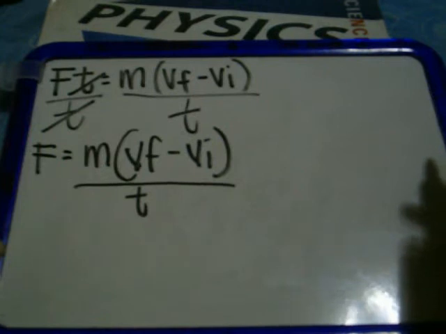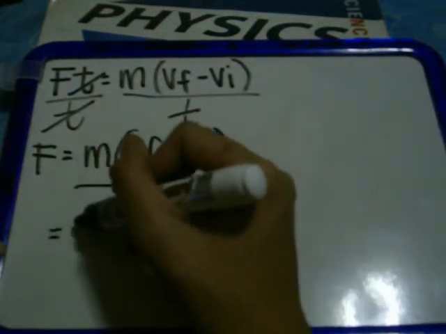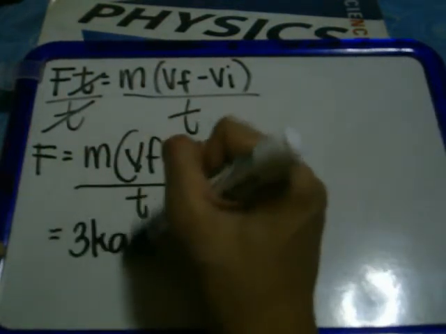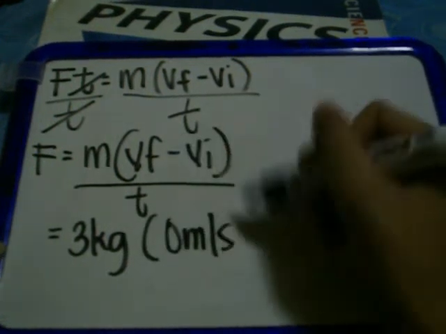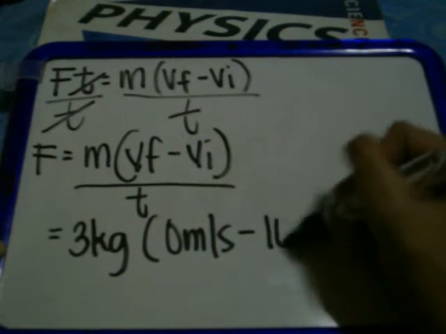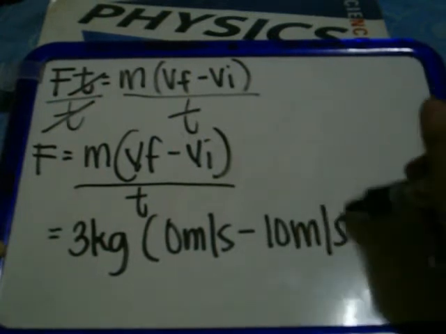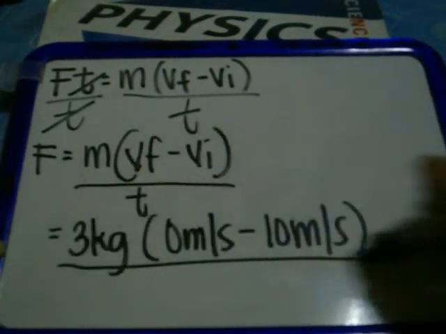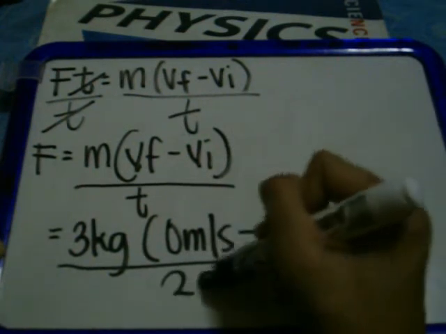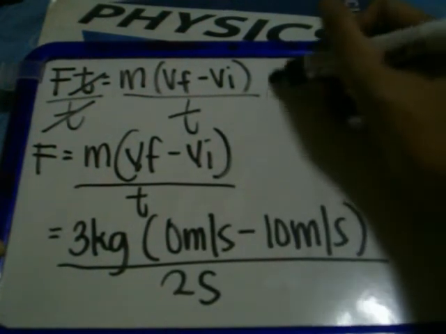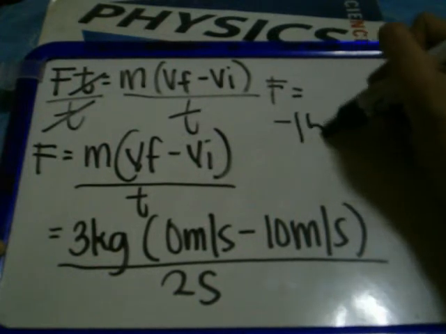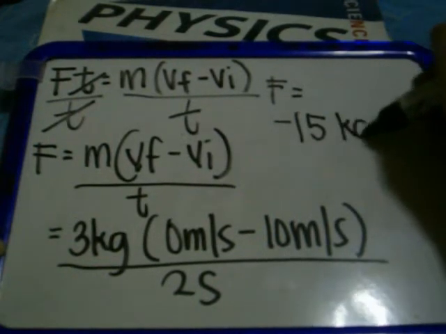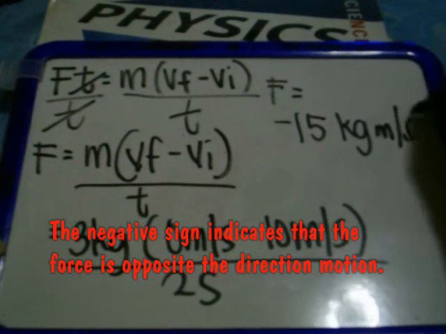Now, to substitute: 3 kilograms times 0 meter per second minus 10 meters per second over 2 seconds. So the force is equal to negative 15 kilogram-meter per second squared.